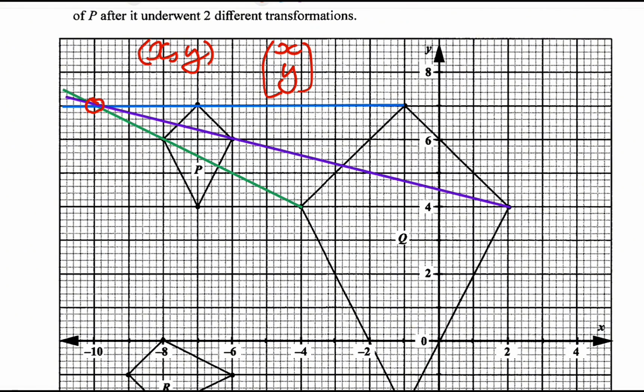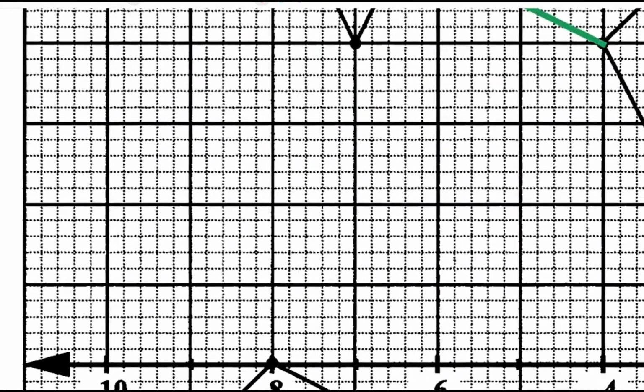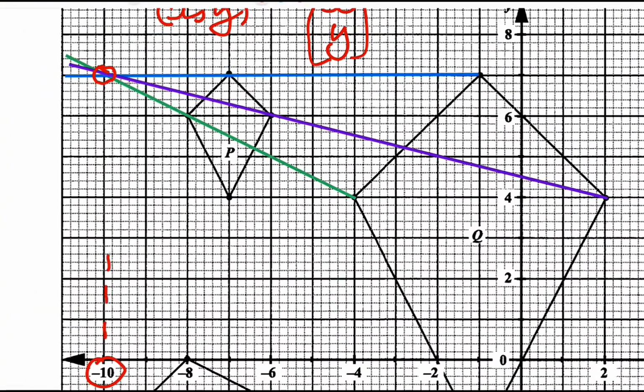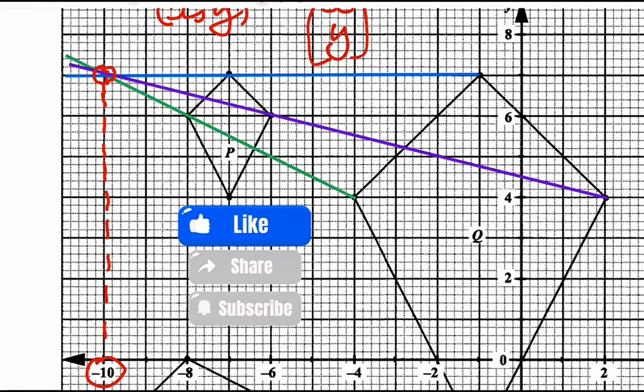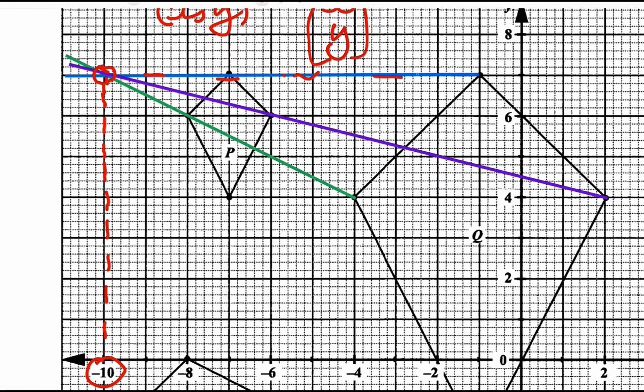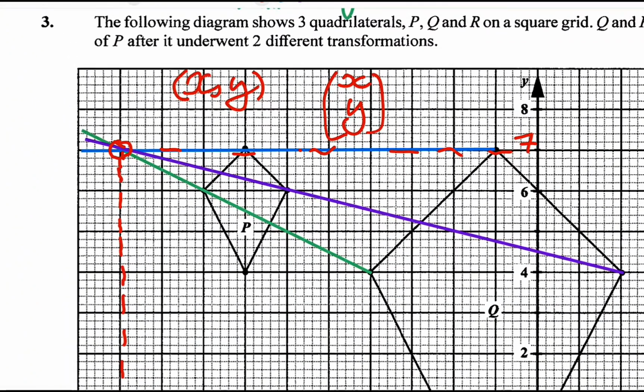So we're looking at the x-axis. The x-axis, what does it say? -10, touch, come across. So this is +7. So that's it right there.